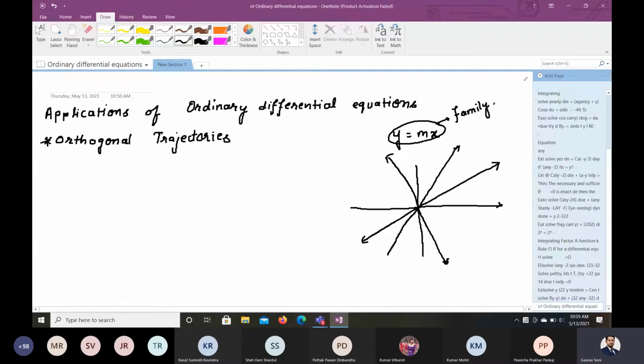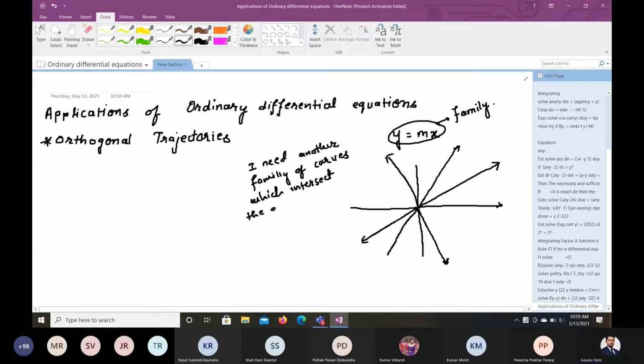Okay, and now what is my aim? I need another family of curves which cuts or intersects, whichever word we can use, the given family at 90 degrees.